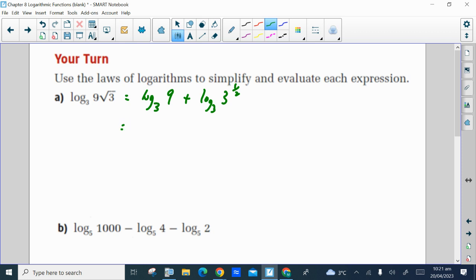Log base 3 of 9 will be 2. That's asking 3 to what power is 9, plus 1/2 log base 3 of 3, right? The exponent comes in front as a coefficient. So we'll get 2 plus a half, or 2.5. As a rational number, that'd be 5/2.